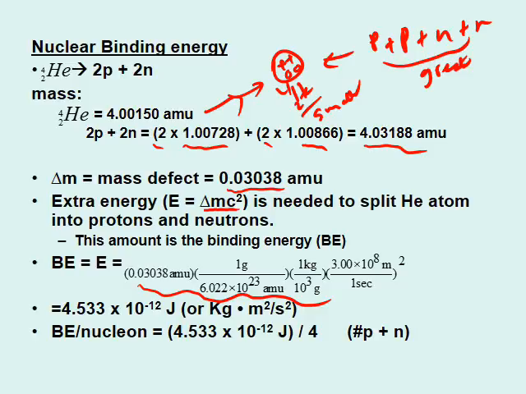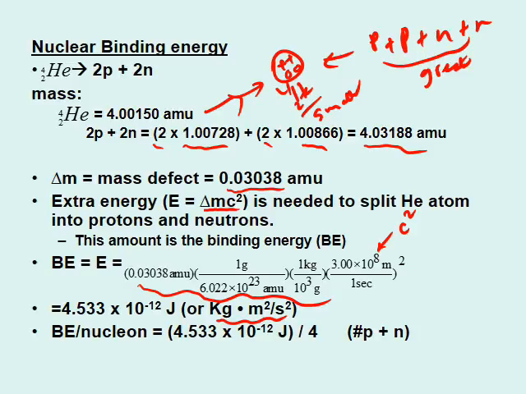The conversion value is Avogadro's number, 6.022 times 10 to the power 23 AMU makes a gram, 1000 grams make a kilogram, and then this is c squared, velocity of light squared in meters per second. So basically our unit is kilogram meter square per second square, and that's joule. So we get 4.533 times 10 to the negative 12 joule, and that's considered to be the binding energy.